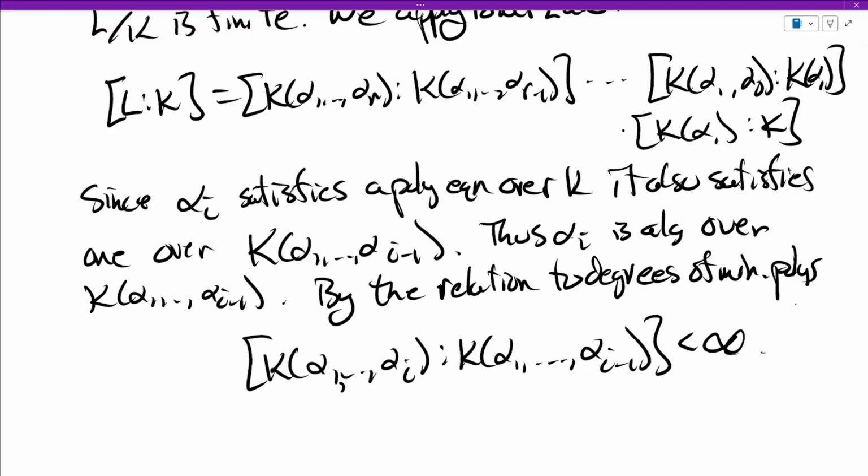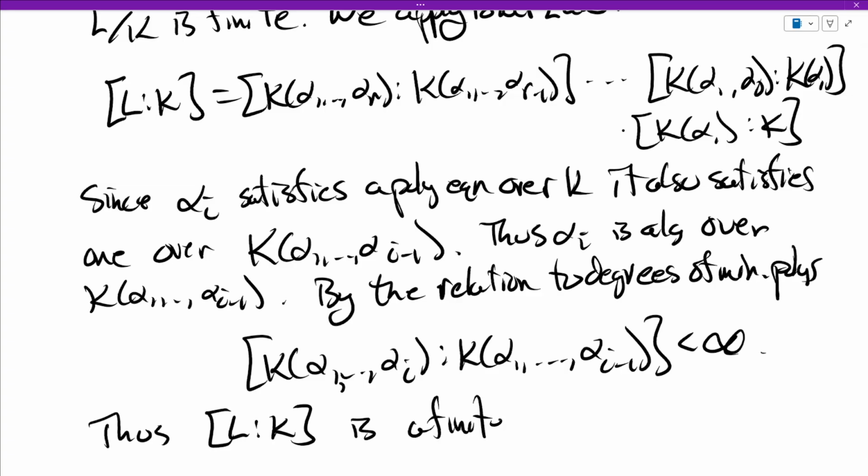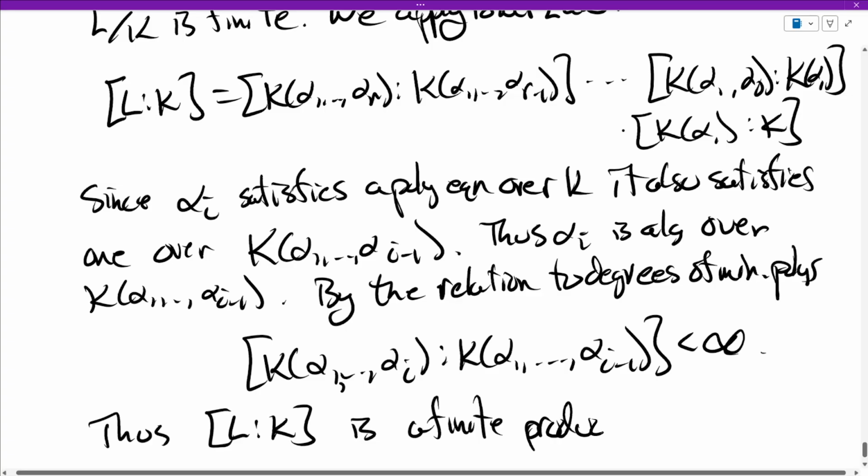Right, because we're adding in an algebraic element, and the degree of that extension is the degree of the minimal polynomial over the field that we're adding it to. So each one of the degrees involved in this product up here is a finite number. So thus, the degree of L over K is a finite product of finite numbers, and hence finite.